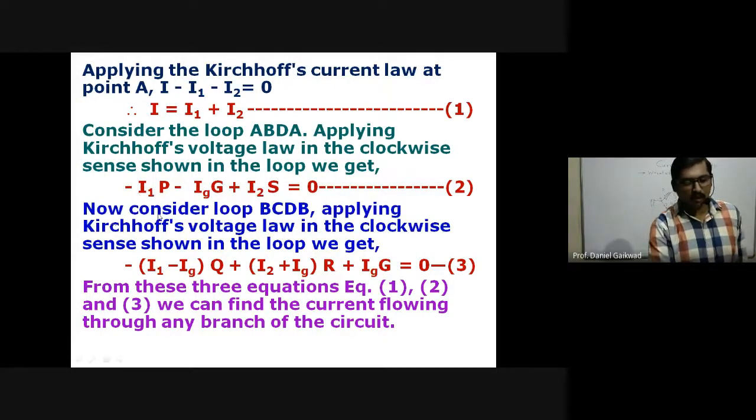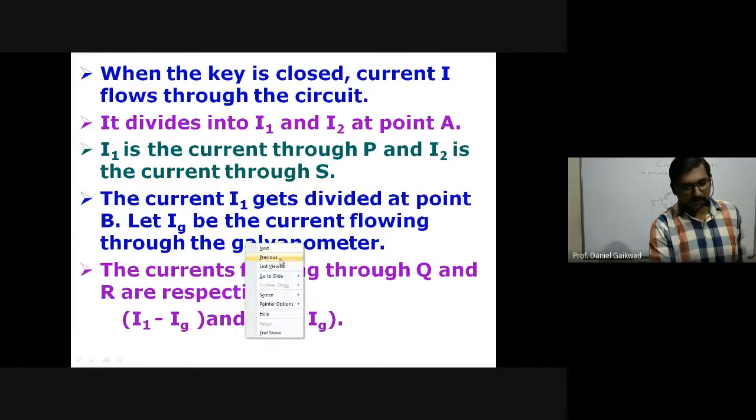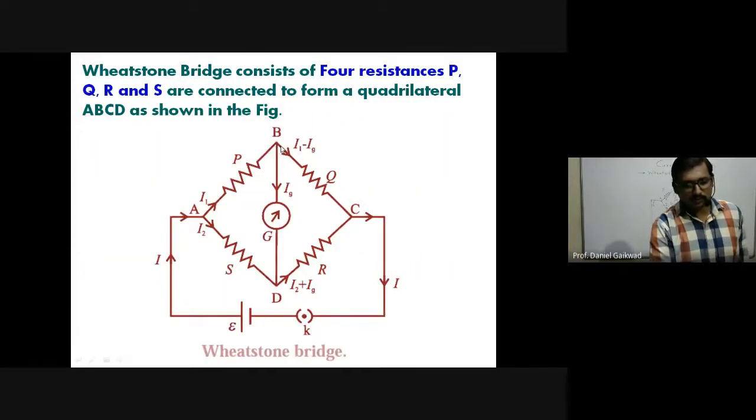Now similarly, consider loop BCDB, applying Kirchhoff's voltage law in the clockwise sense shown in the loop. Check again the second loop here, BCDB. Now the signs: traveling from B to C, the direction of traveling and direction of current are the same. So I1 minus Ig, that total term multiplied by the resistance Q, is the potential difference, and we take it as negative.